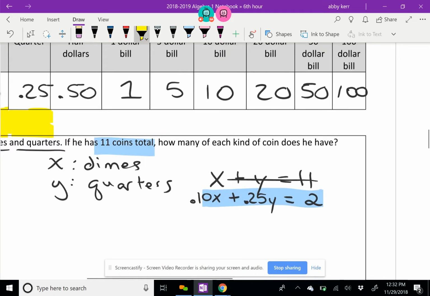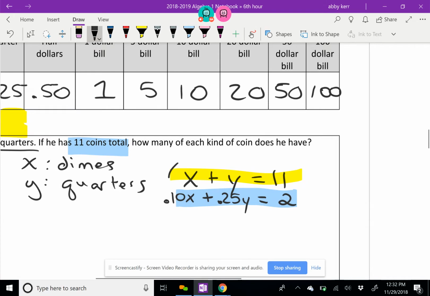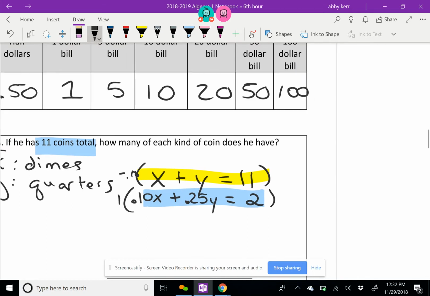So now we have the two equations. So we're going to multiply the first one by the opposite of 0.10 and the second one by 1. So then negative 0.10x minus 0.10y equals negative 1.1.